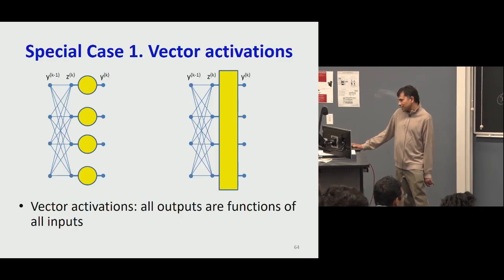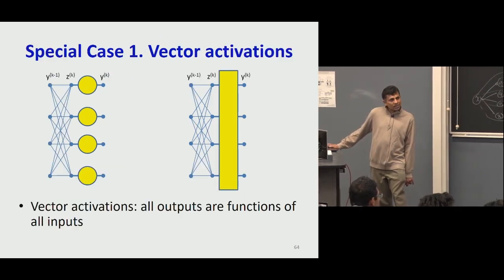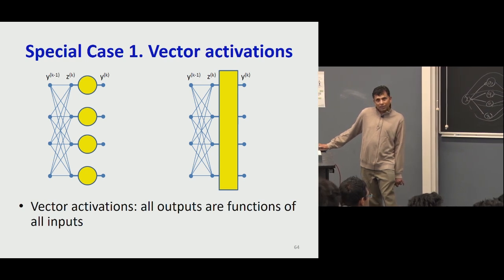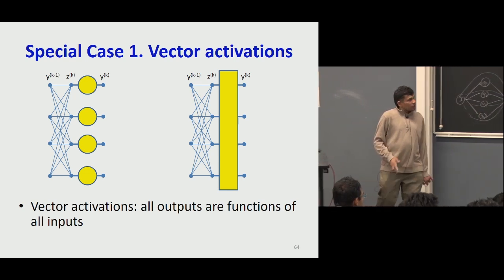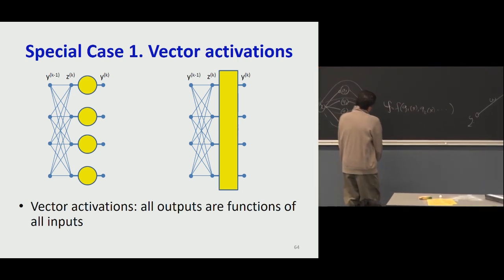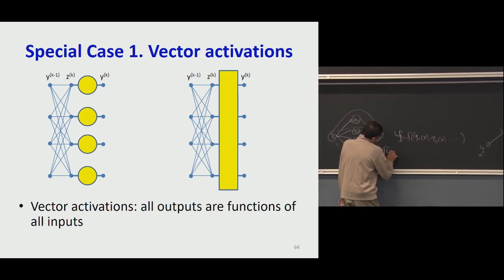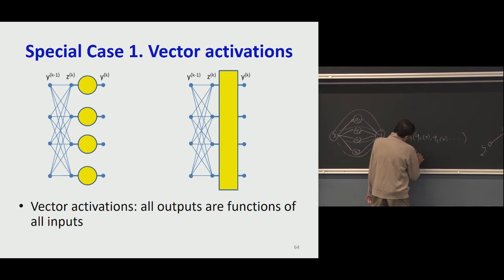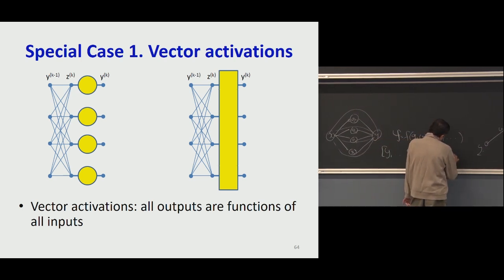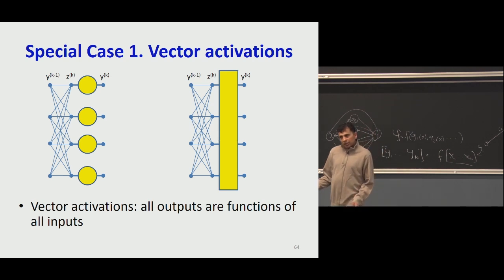The one special case I'm going to talk about is vector activations. Vector activations where all outputs are functions of all inputs. So I could have y1 through yn equals a function of x1 through xn, where I cannot separate out the individual components.